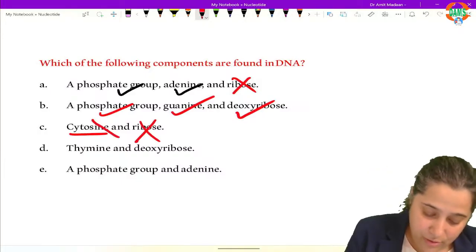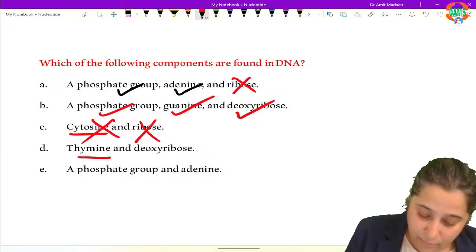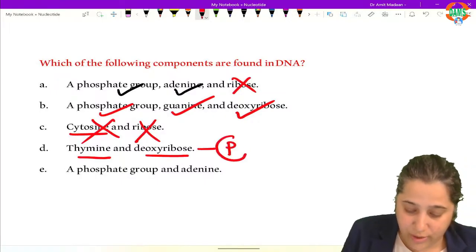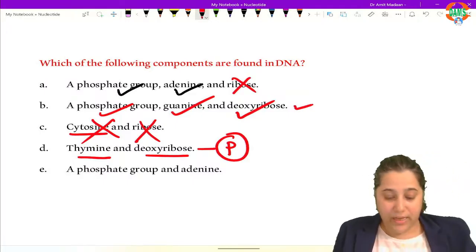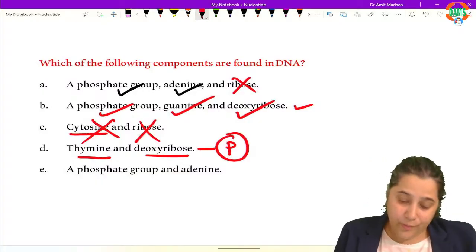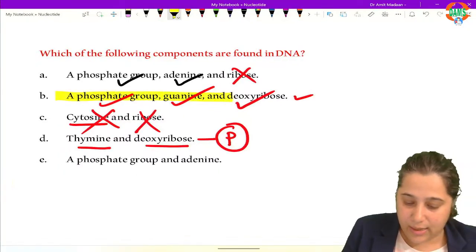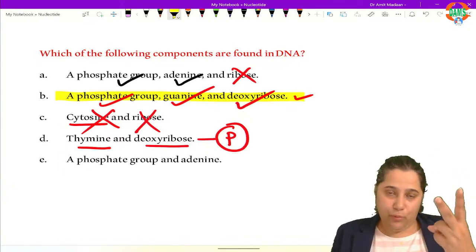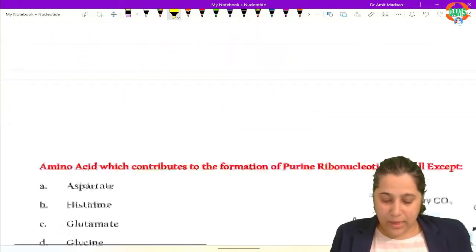So this is not possible. Thymine and deoxyribose. You have thymine, deoxyribose, but you do not have phosphate in it. So something is missing. I have a better answer. I'll go for B. A phosphate group and adenine, but where is the sugar then? So, the components which are found in the DNA are phosphate, purine or pyrimidine and the deoxyribose sugar.